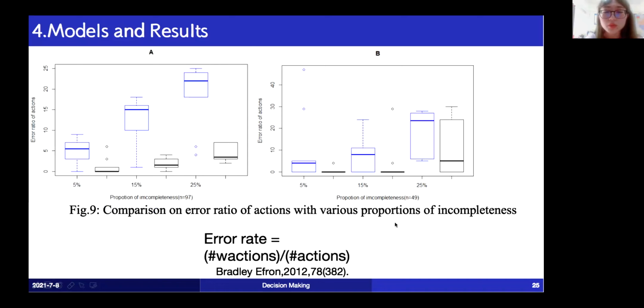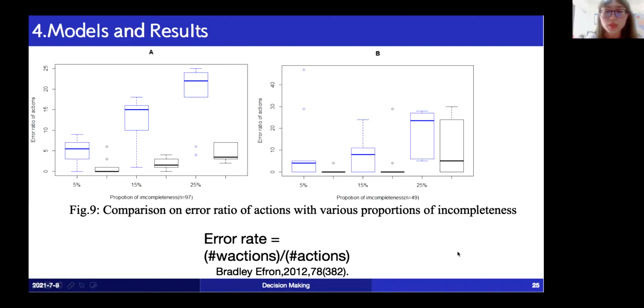Error rate is used to validate the efficiency of the proposed method. The error rate of actions is measured by the number of wrong actions divided by the number of actions, where the number of wrong actions is the number of wrong decisions using the missing data, and the number of actions is the number of actions using the complete data.